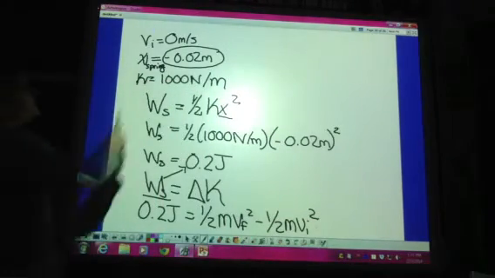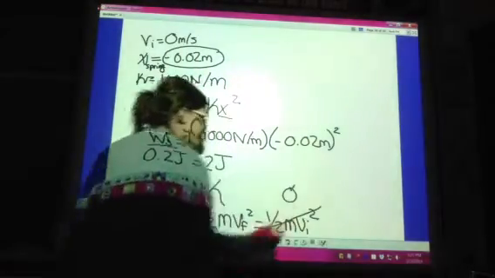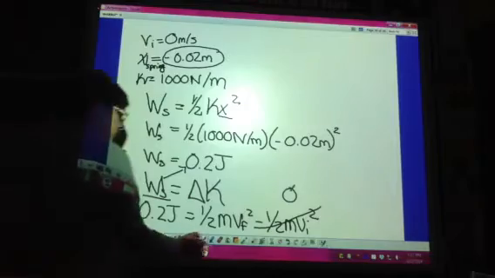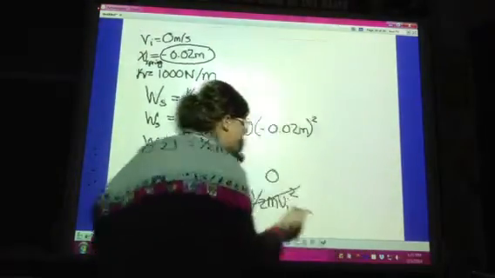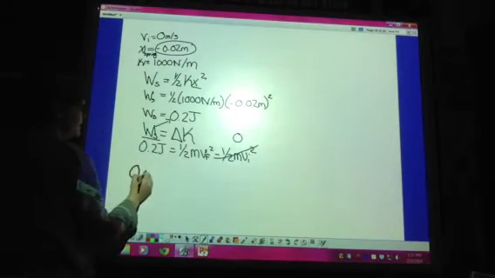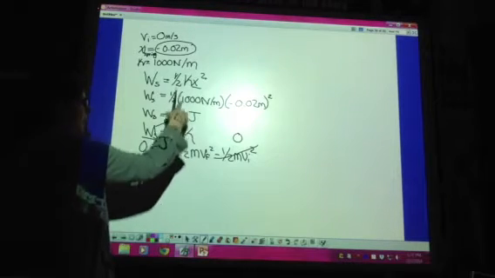Since our block started off at rest, the initial term just becomes 0. Then we can find our final speed by plugging in our values. Again, the work done by the spring on the block was 0.2 joules. We found that up here.